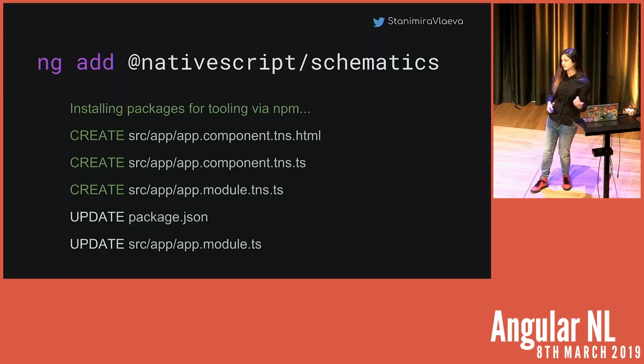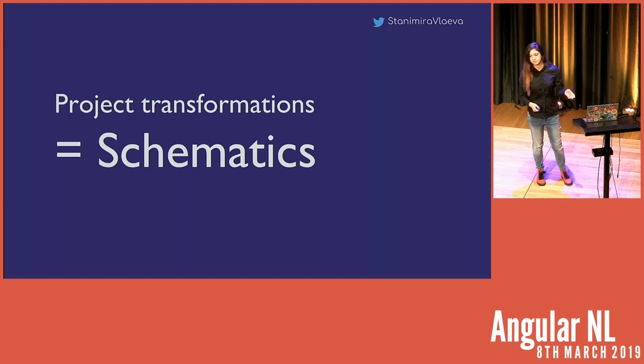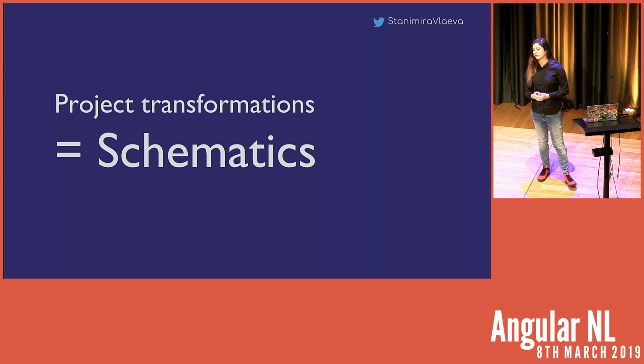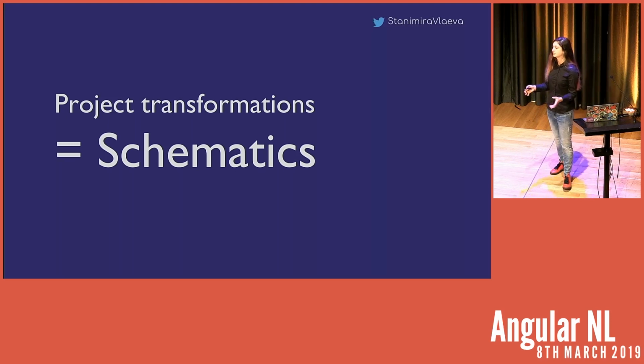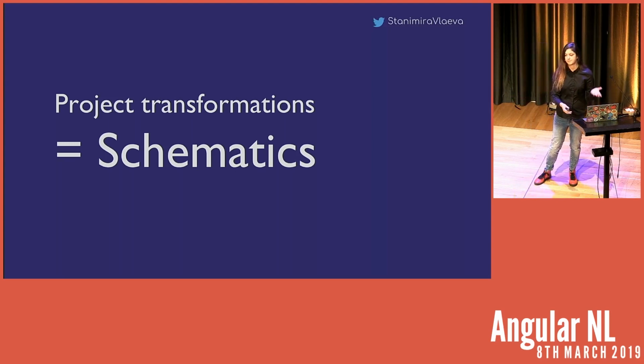And that log out there may look familiar to you because the project transformations that are used are happening with a tool called Schematics. And Schematics is used by the Angular CLI not only for the ng-add command, but also for ng-generate and ng-new, and every command that has to do something with scaffolding files or updating some other files.